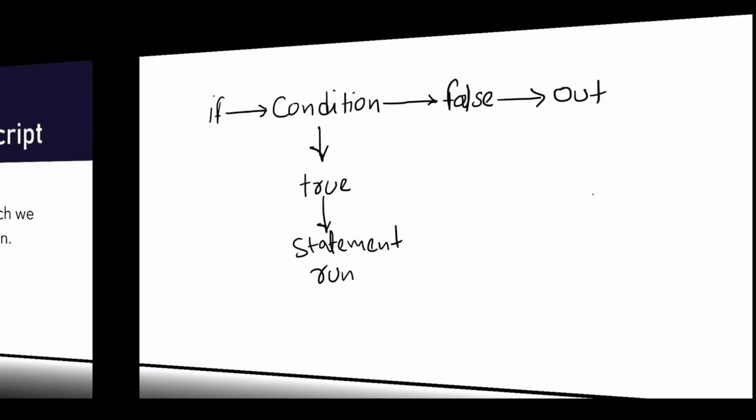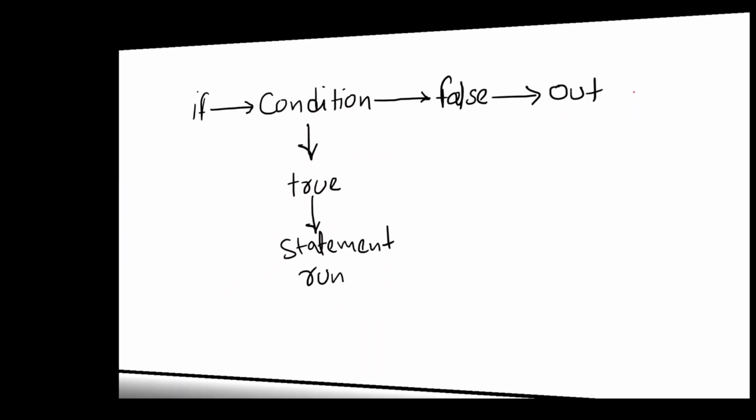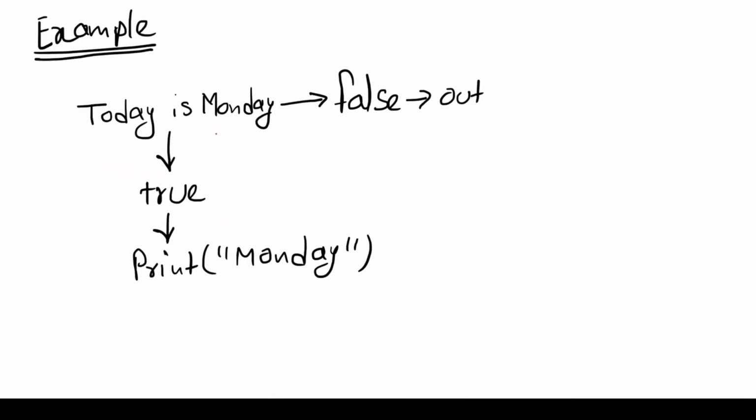For example, this is the formal structure: if condition is true then the statement is run, and if the condition is false then we are out of the block of the if statement. For example, today is Monday and it is true, and we print Monday. If it is false, today is not Monday, then we come out of the if block.